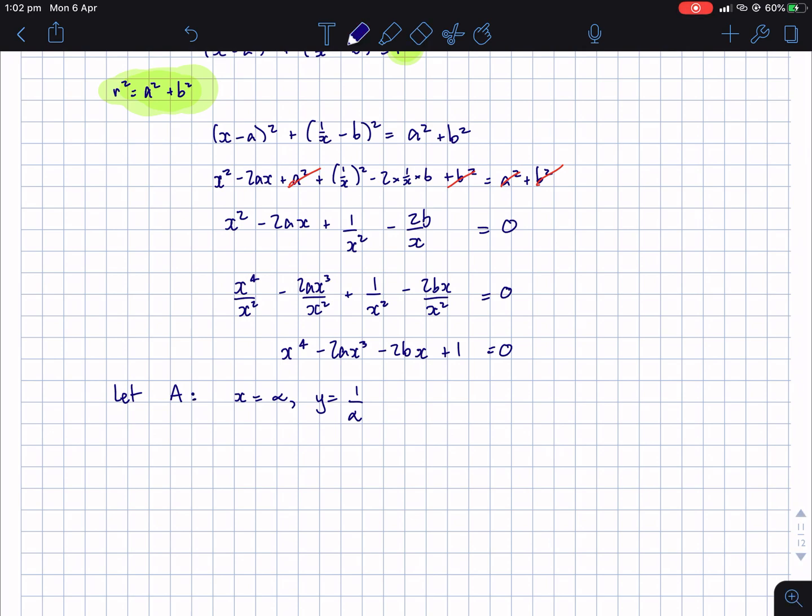So I've got A is that point, B is the point x equals beta, y equals 1 on beta, and C is the point x equals gamma, y equals 1 on gamma, because it was much easier to sub alpha, beta, and gamma into 1 on x instead of (x take a) squared plus (y take b) squared equals R squared.